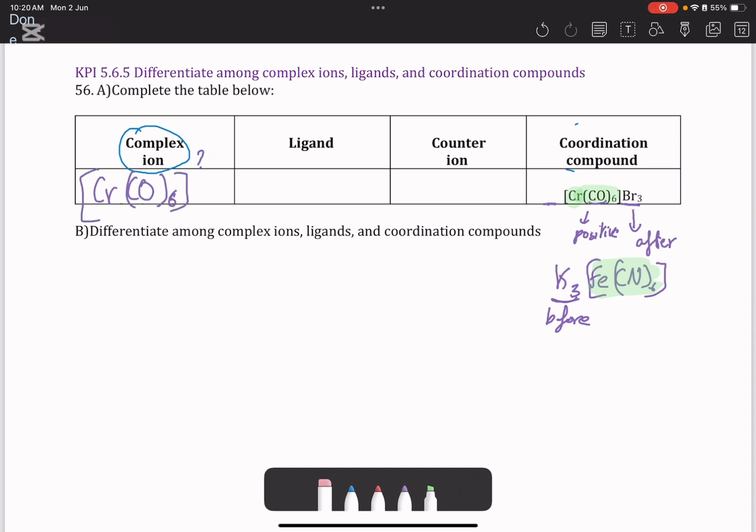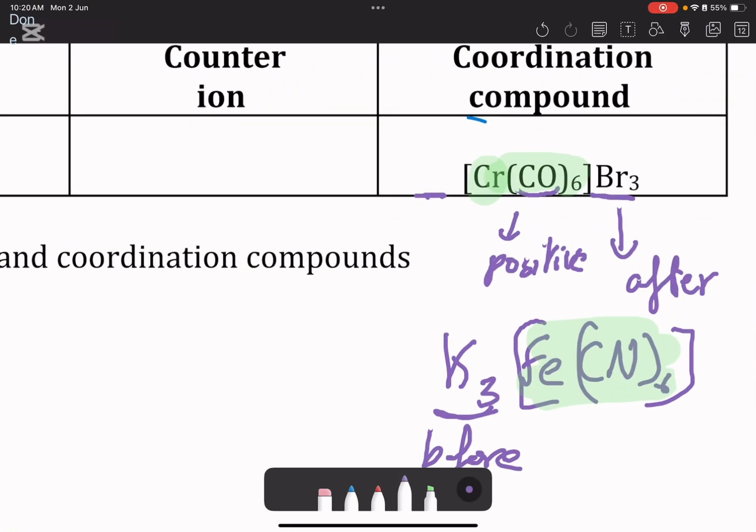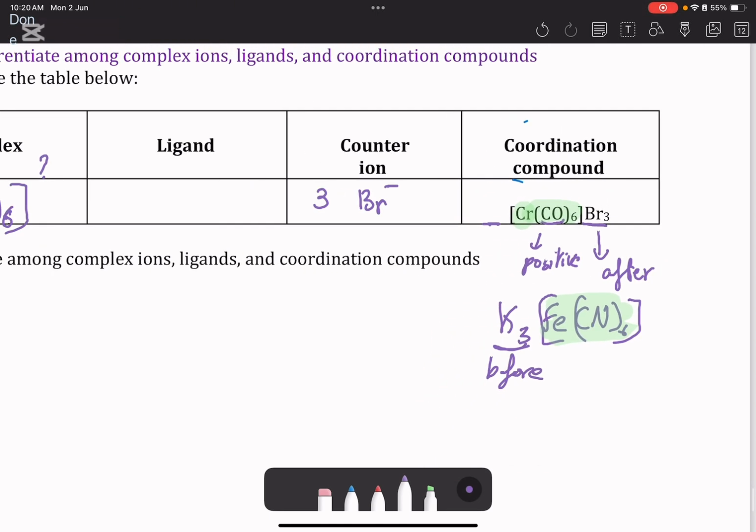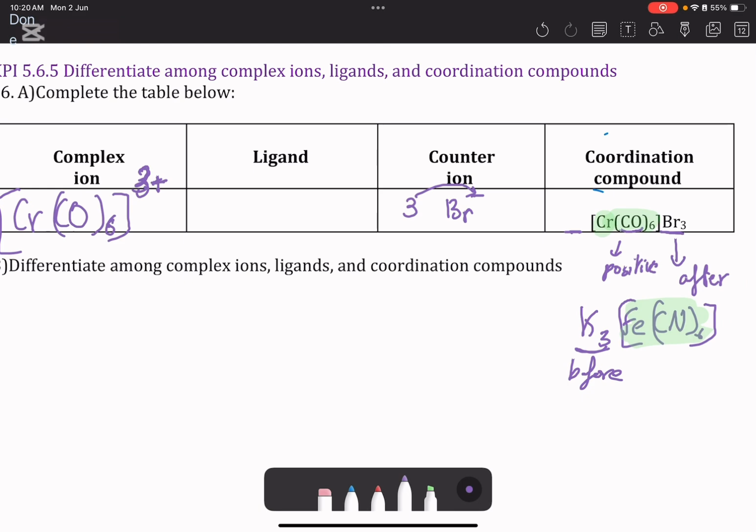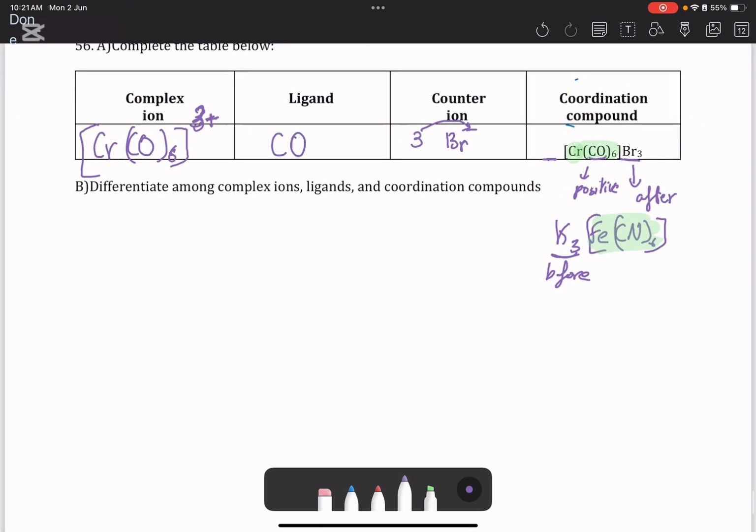From where do I get the charge of the complex ion? I can get it from the charge of the counter ion. Since here we have 3 Br, and what's the charge of Br? It's -1. So the total charge is 3 negative. Therefore, my complex ion is 3 positive. The ligand is CO, and we know that CO is neutral.